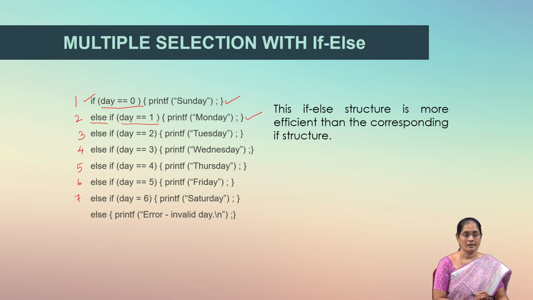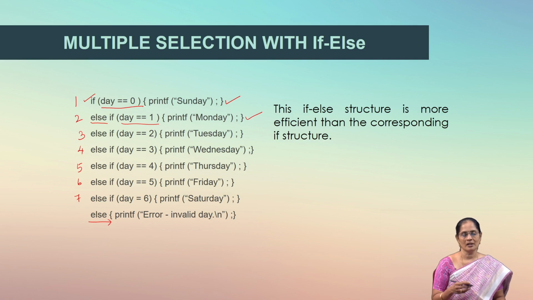Now, luckily one number has got reduced compared to the if structure, because we are eliminating the false conditions at every point, such that at the end of the if else structure, if it is not satisfying any of the prior conditions, when it comes to the else statement, it is obviously true that all other conditions are false.